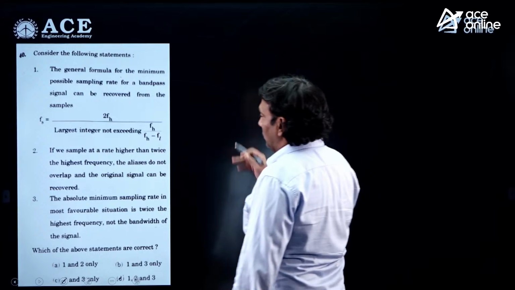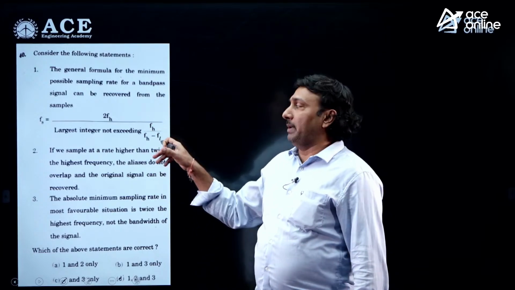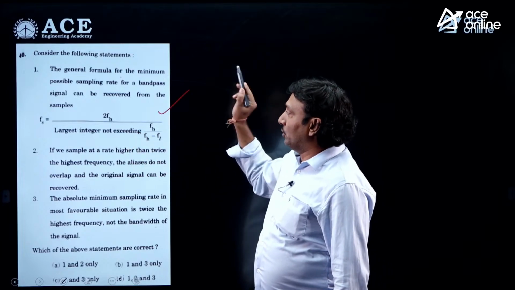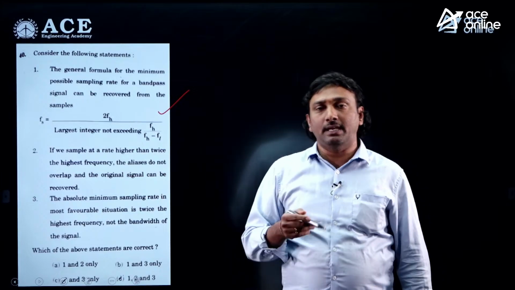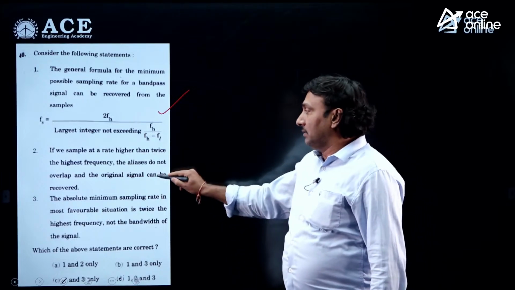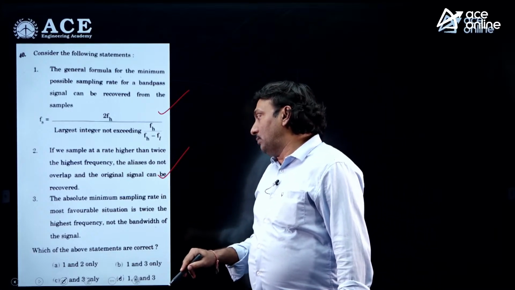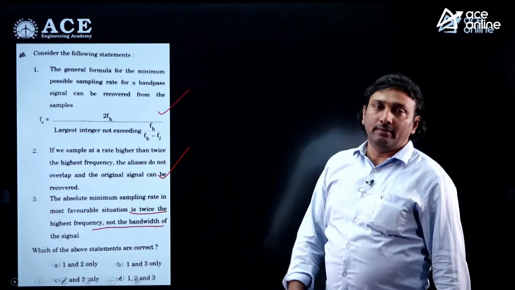40th question: which of the given statements are correct? First one, everyone is aware, the band pass sampling standard condition. Second statement is true: if we sample at a rate higher than twice the highest frequency, aliases can be eliminated. That is also true. The absolute minimum sampling rate is the most favorable situation, that is twice the highest frequency, not the bandwidth.